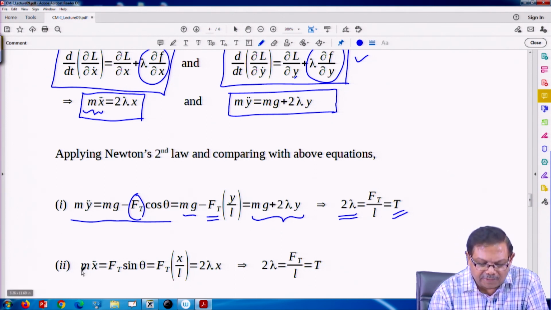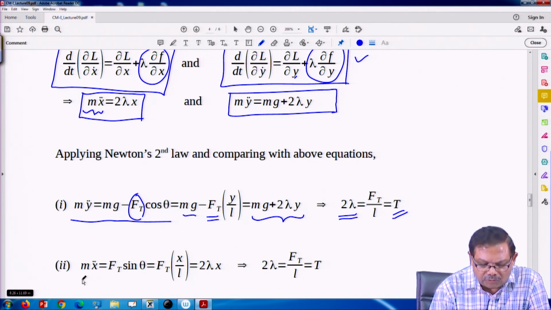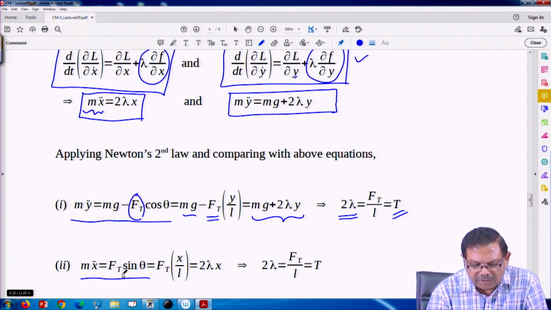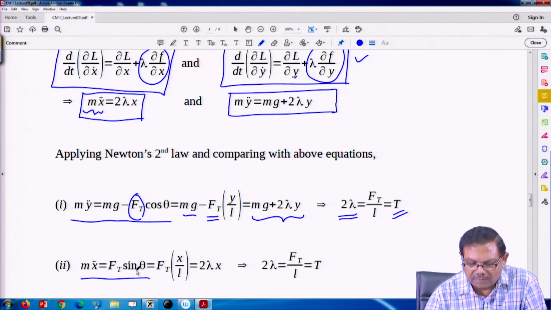Now, we check in the second equation whether we have got it correct. Newton's law tells me m x double dot would be the tensile force times sin theta. Theta is the angle the pendulum makes with the vertical, and sin theta is x by L. So, this gives 2 lambda x.